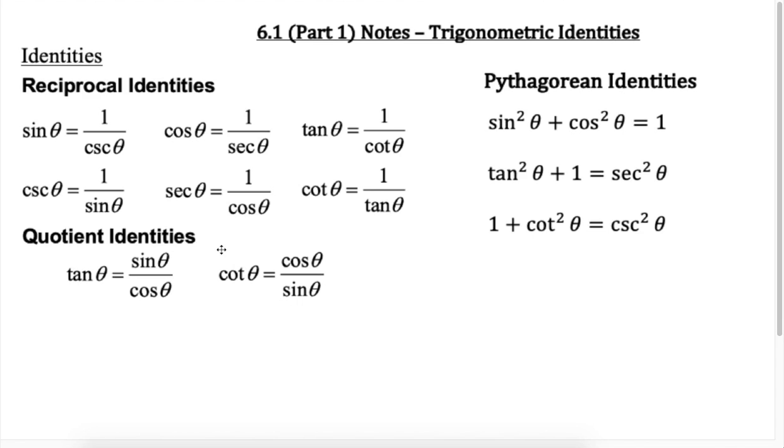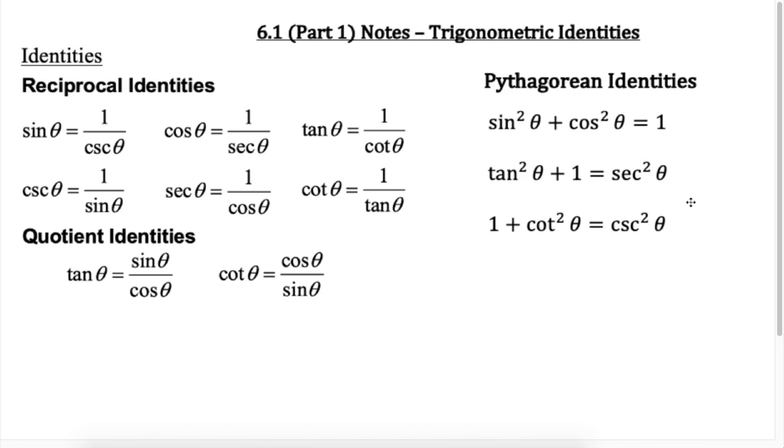Now, a few new ones that we are going to use in this section are the Pythagorean identities, and we're going to go in depth with these here in just a second. But the main one is sine squared plus cosine squared equals 1.